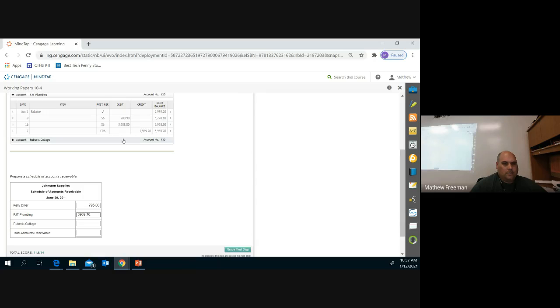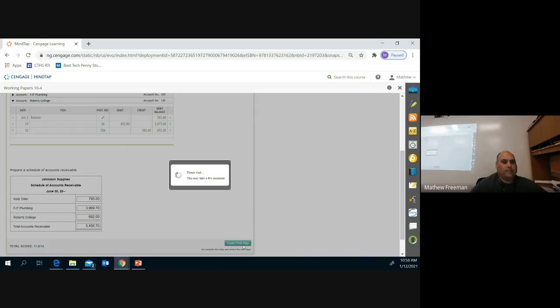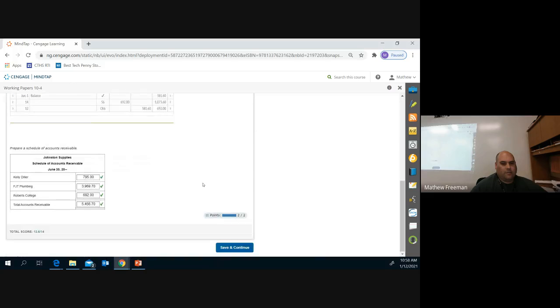And then you would come in here and put Roberts College total in, and it's 692 plus 3969.70 plus 795, and the total should come out to 54.56. And final grade step should add up right.